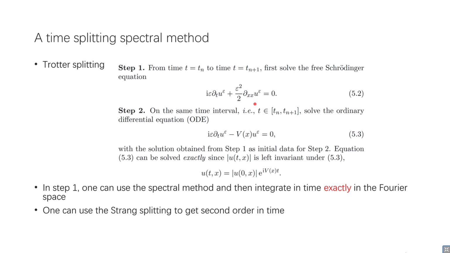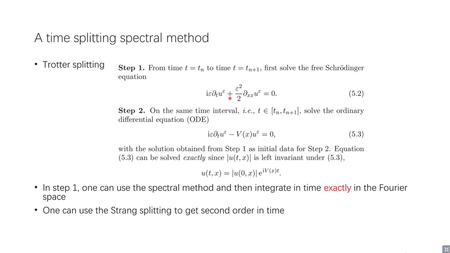Now, the first equation we can solve by a spectral method, using the discrete Fourier transform. If you take the discrete Fourier transform, this becomes minus cosine squared U hat, where the wavenumber is cosine, and in the Fourier space this is an ODE: i epsilon du/dt equals minus epsilon squared cosine squared over 2 times U hat.